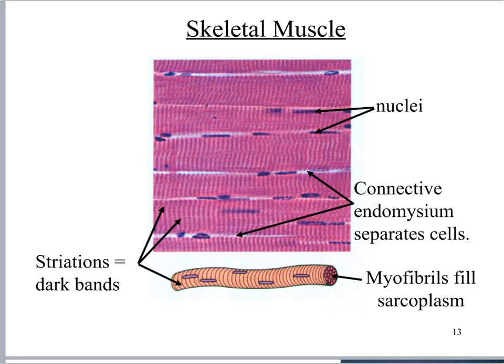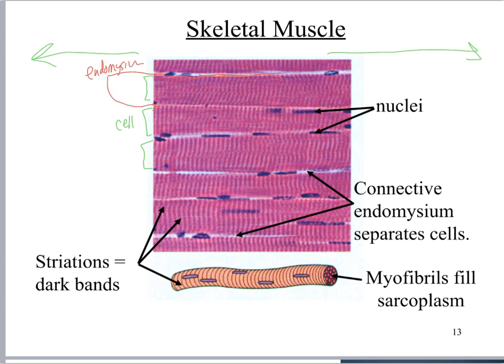All right, so now we're going to look at skeletal muscle. What you see is a slide. Now, this goes in this direction and that direction, okay? In here is a section of cell. That's a cell. That's a cell. In here is where you're going to find the layers of endomysium between the cells.